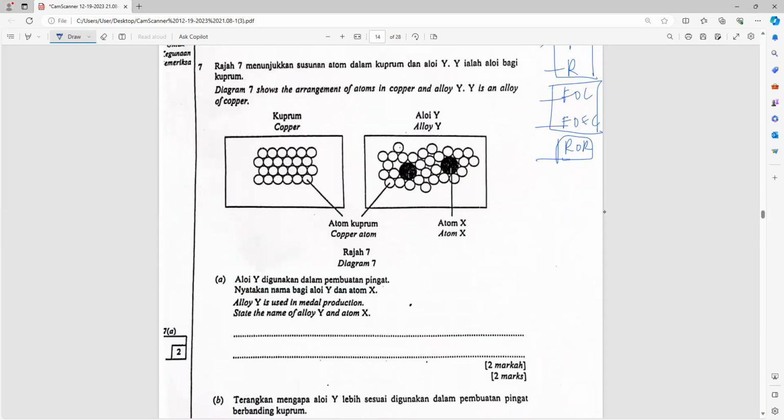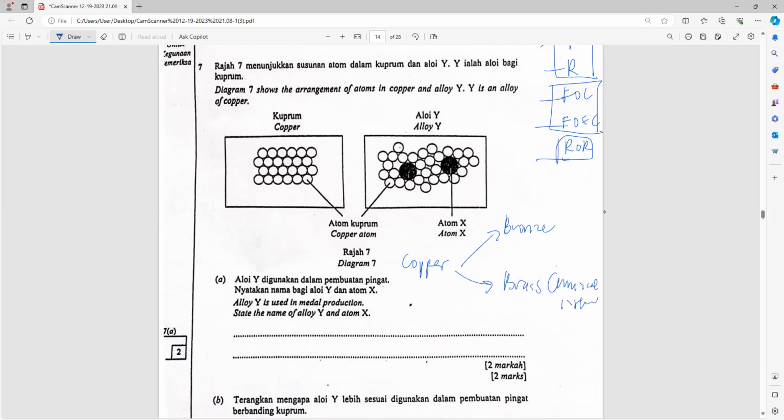Alloy Y is used in metal production. Okay, what is the name of alloy Y? And what is my atom X? So what do I use for metal? Copper, right? Yeah, copper. Alloy only got 2. One is bronze and one is brass. Brass is usually the musical instruments and everything.